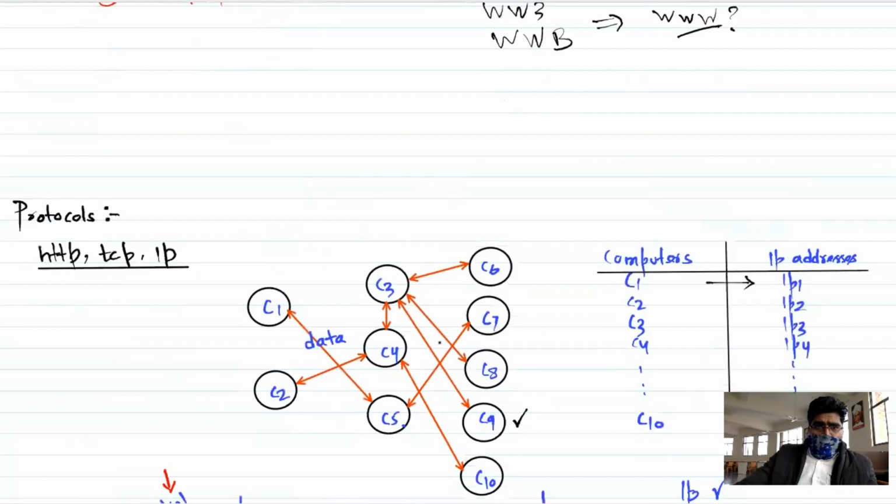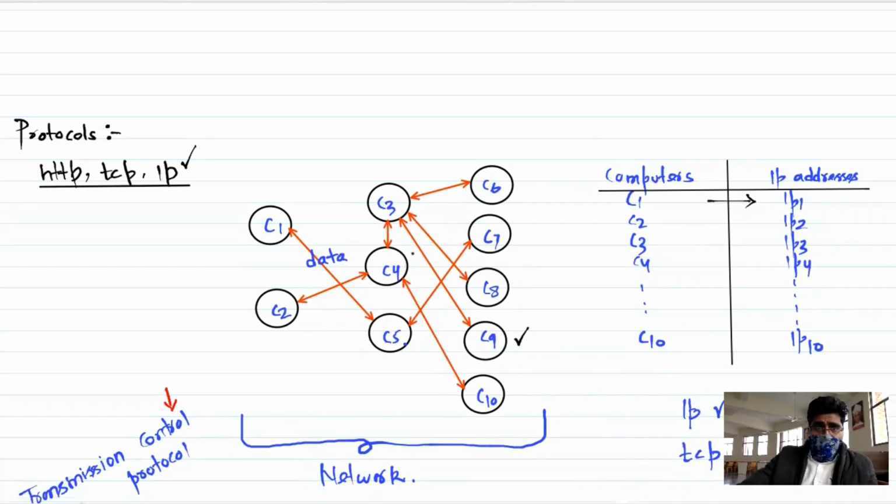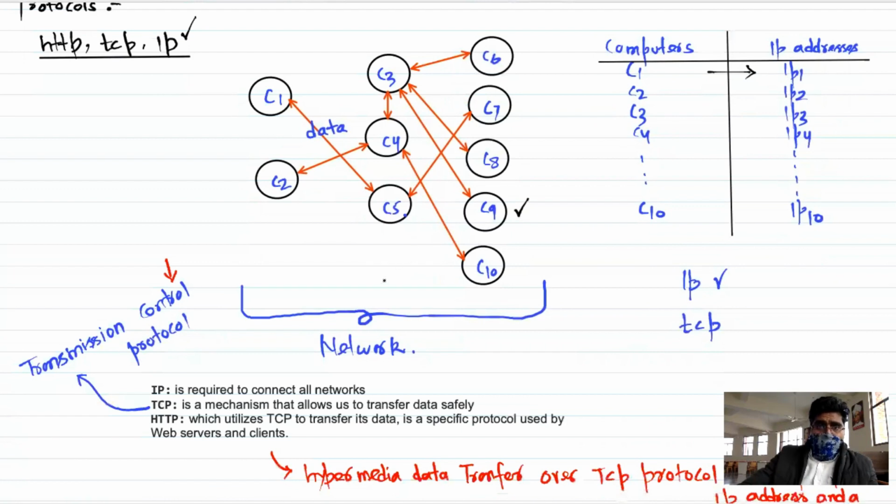Okay, let's understand the role of HTTP, TCP, and IP. IP's role we have understood. To figure out the uniqueness of an individual machine and server, we use the IP address. Then what are the HTTP protocol and the TCP protocol? If we know the IP address or the domain name of this machine, then there has to be a path.